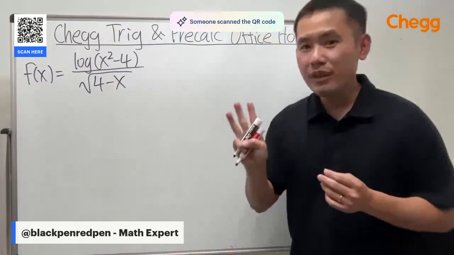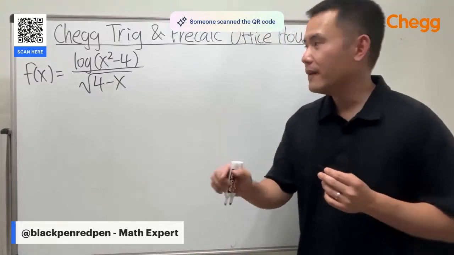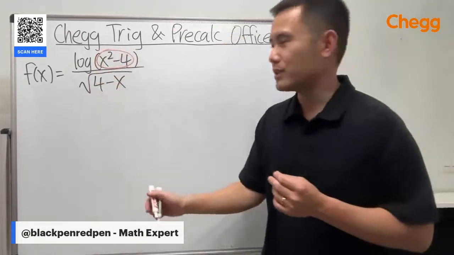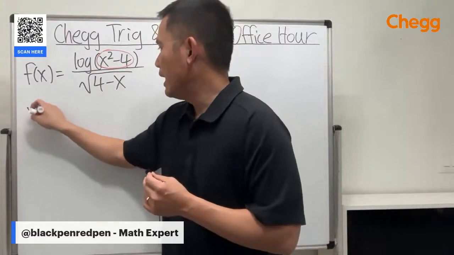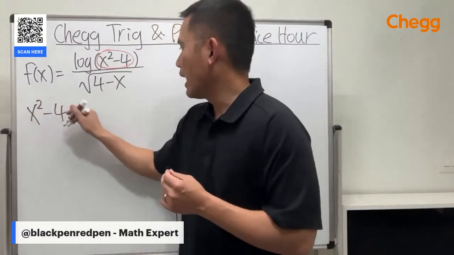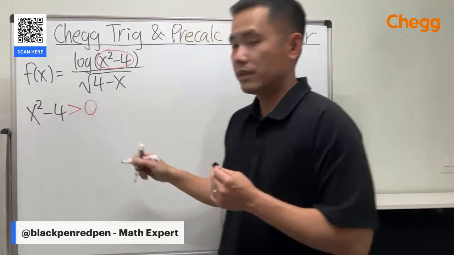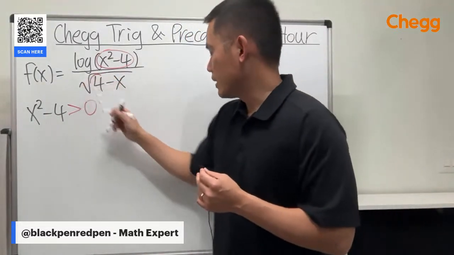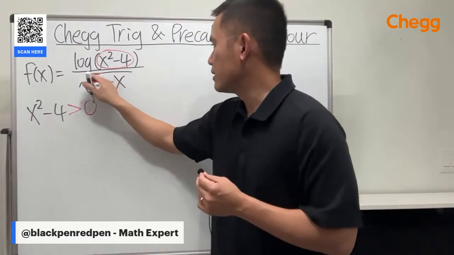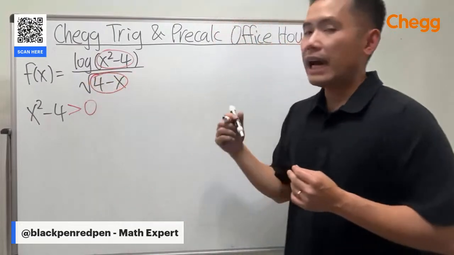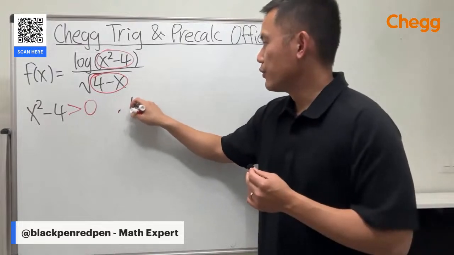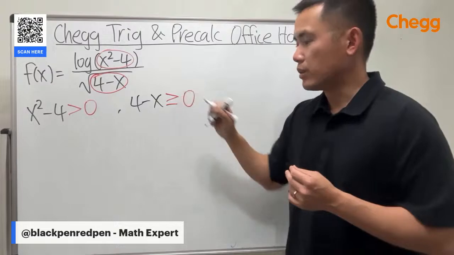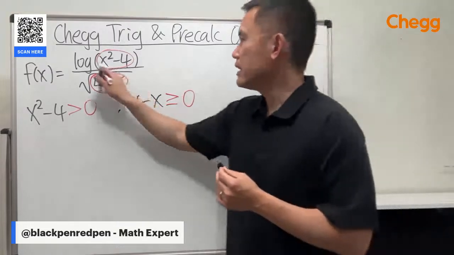Okay, I see what this is about. We have 3 things to worry about. 1, let's put it inside of the logarithm. So condition 1, x squared minus 4 has to be greater than 0. That's number 1. Number 2, this right here, let me just use red. This right here has to be greater than or equal to 0. So 4 minus x has to be greater than or equal to 0.